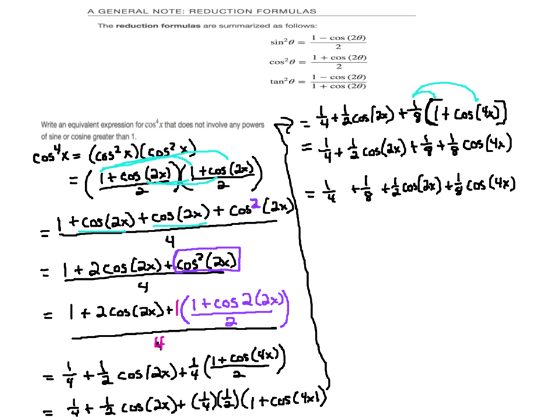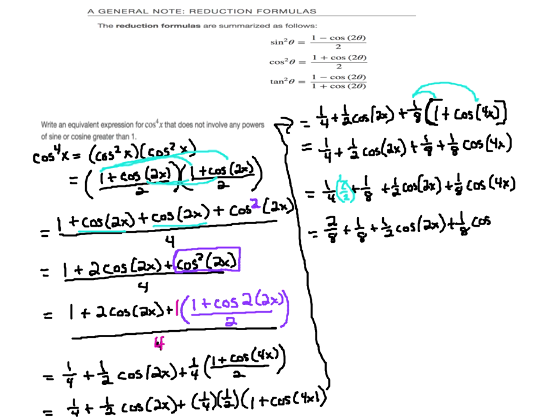Okay, so to add 1/4 and 1/8, I need to multiply by my clever 1 in the form of 2/2. And so I have 2/8 plus 1/8 plus 1/2 cosine 2x. This is the most lengthy problem we're going to do tonight, by the way.